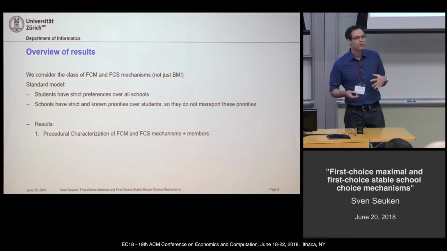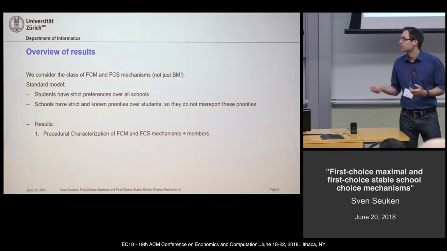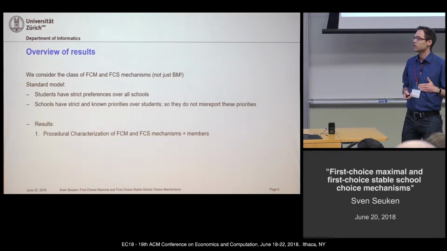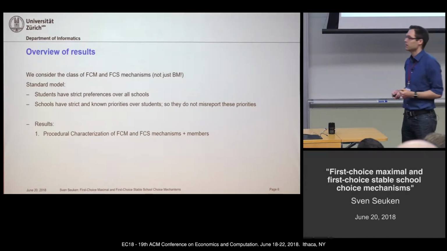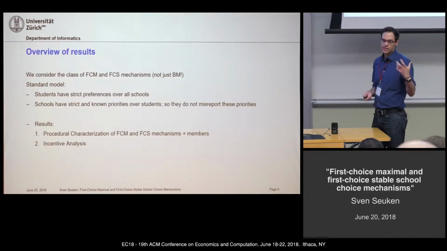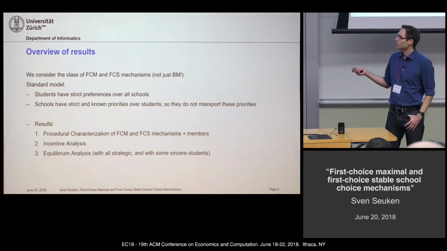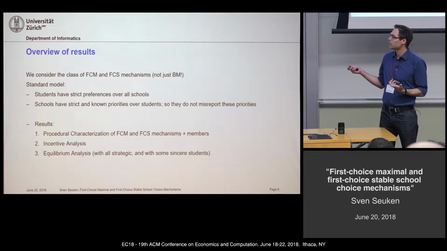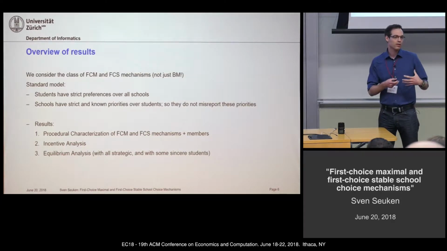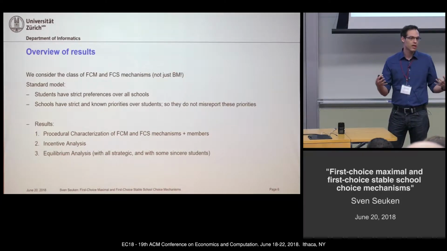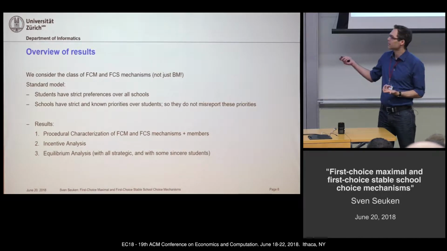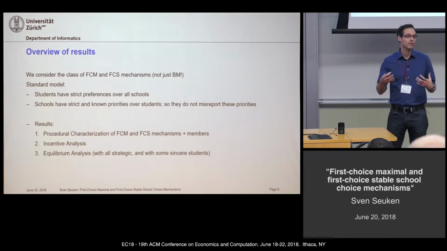And here's an overview of our results. So the first result is a procedural characterization of these mechanisms, and we show which members are actually in this class. The second is an incentive analysis, so how manipulable are these mechanisms. Third, we perform an equilibrium analysis, first looking at what happens if all the students are strategic, and second, if some of the students are strategic and some are sincere.